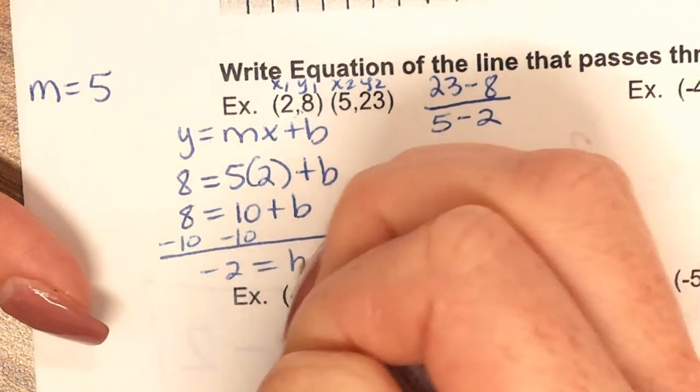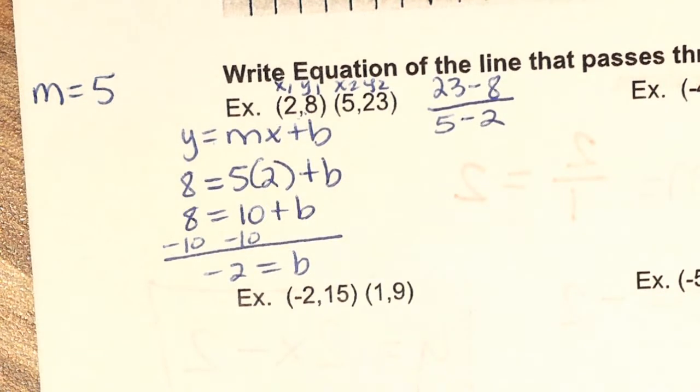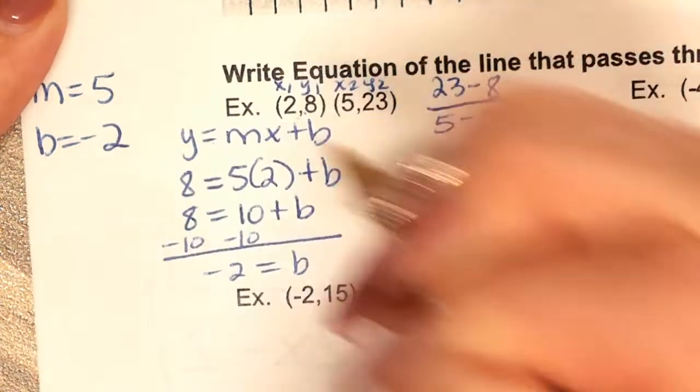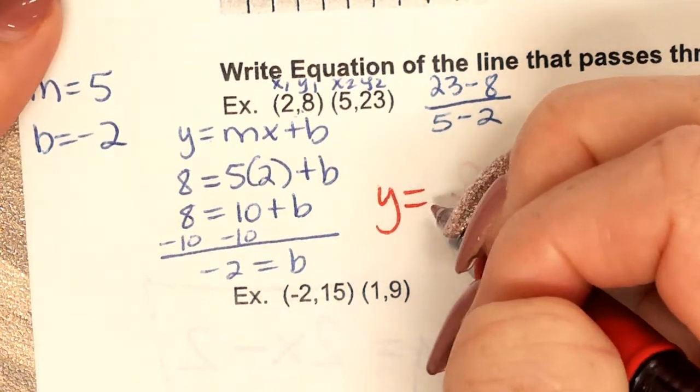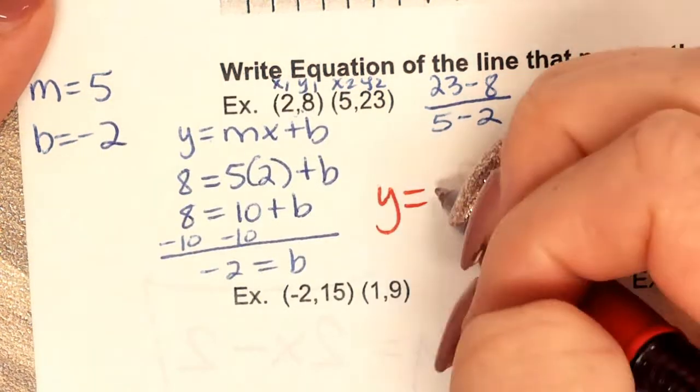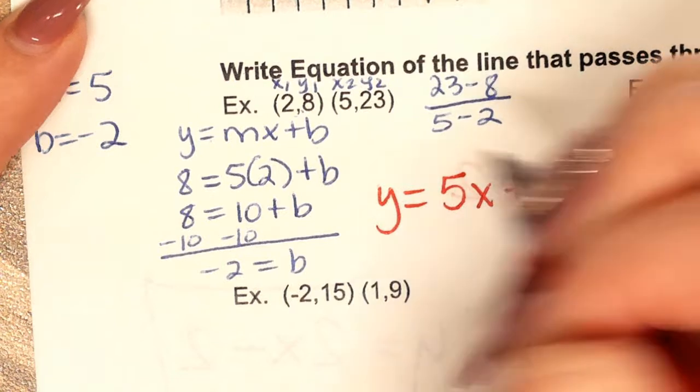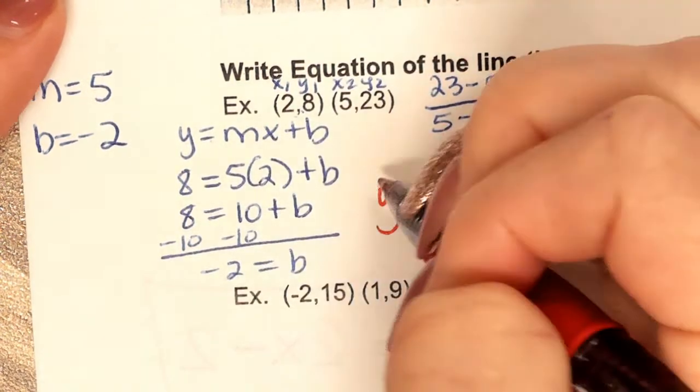Negative 2 is equal to b. So we solve for m, and we solve for b. What is b? Now can I write an equation? Y equals mx plus b. What's the m? 5. X plus, what's the b? Done.